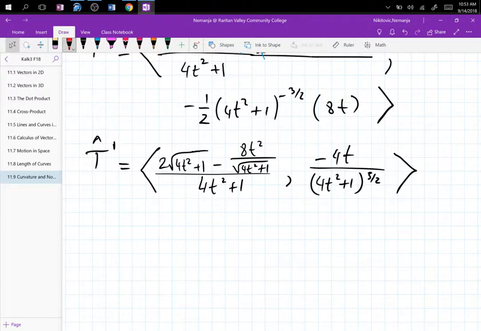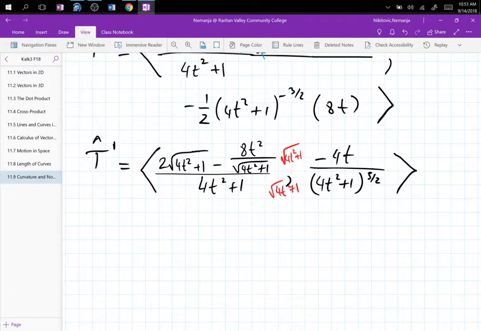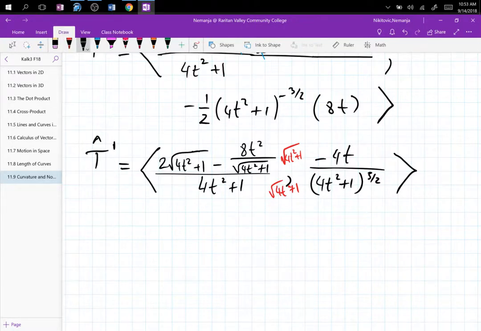Now, for the first component, we multiply the square root of 4t squared plus 1 and square root of 4t squared plus 1 to get rid of the double fraction square root part. So we have square root times square root is just 2 times 4t squared plus 1 minus 8t squared.